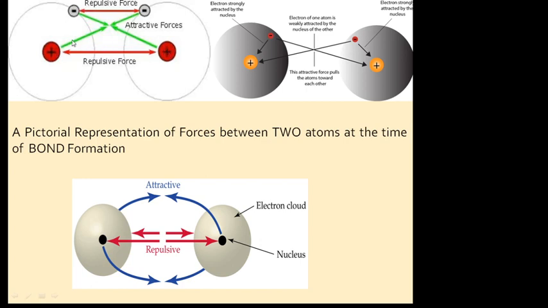The second attractive force is the nucleus of the first atom looking at the electron of the adjacent one. So the two red lines and two green lines are the main candidates for holding the atoms together, and that is a combination of attractive and repulsive forces.